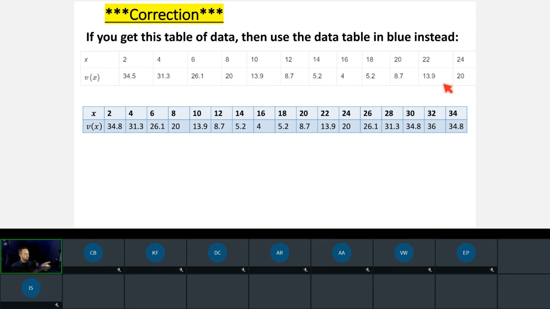So I went through these 3 word problems, and I worked all 3 of them out, and this variation I was unable to solve. I was only able to construct this table that I'm giving you. This is the corrected table, because I had the answer. So I used the answers to figure out the missing data points. So anyway, if you get this table data, you need to use this one instead, or you won't be able to answer the question.